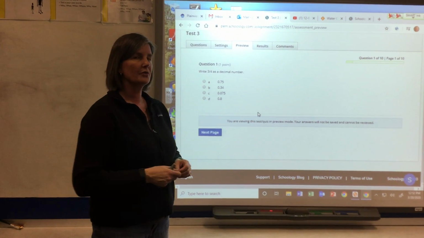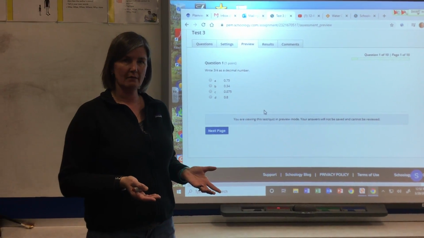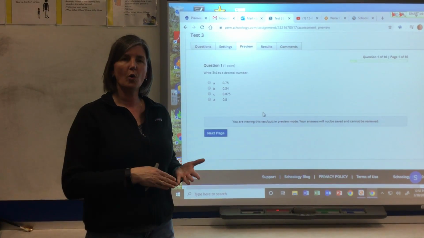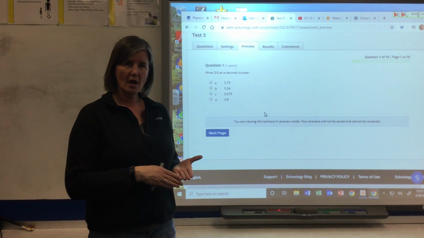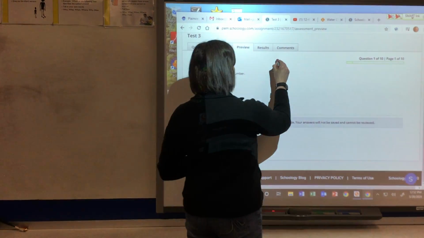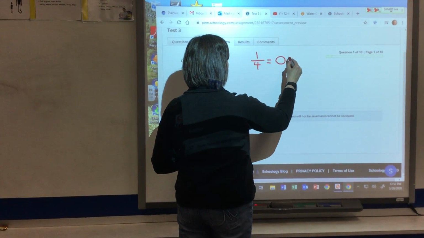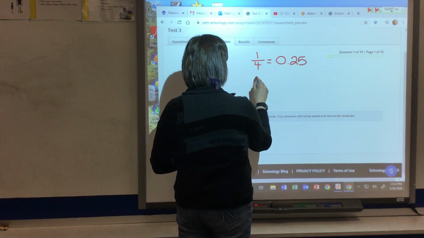When you are talking about the fourths, one way to think about it is in terms of money. If you have 4 quarters, you have $1. If you have 1 quarter, how much money do you have? 25 cents. 1 out of 4 quarters would be 0.25.